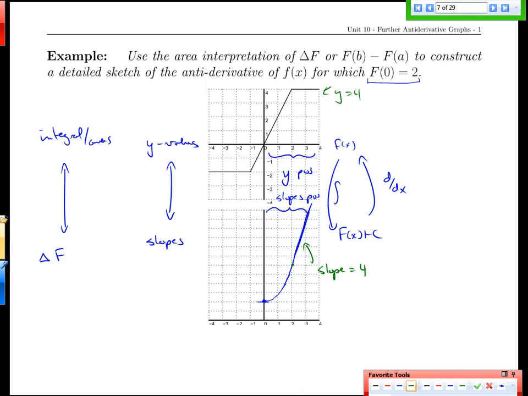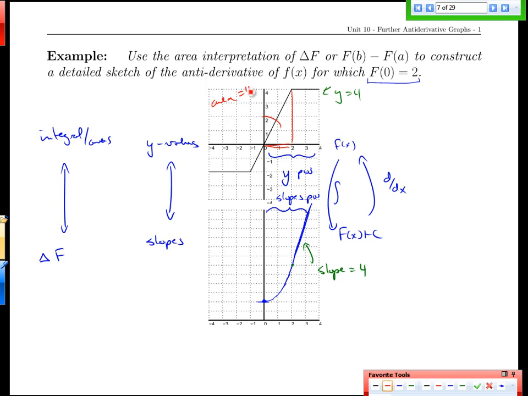Now, what extra detail can we add? Well, we can look at the area underneath this graph, or its integral, and use that to determine how much change in f there is between, say, 0 and 2 x value. We can do that fairly easily because we have nice triangular and rectangular regions here. This area is 2 by 4, that's 8, and it's a triangle, so it's a half of that.